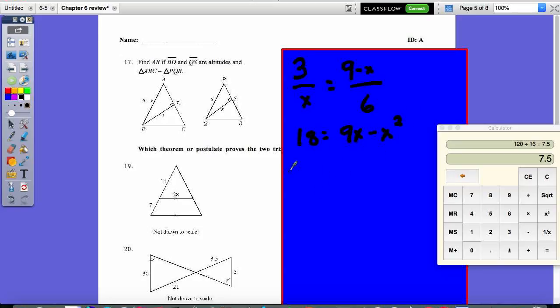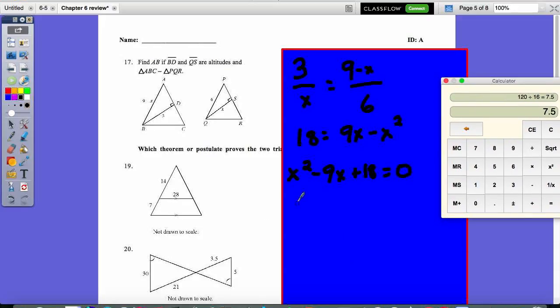I'm going to add x squared to both sides so that I can get the x squared on this side. I'm going to subtract 9x from both sides. Add 18 equals 0. I want a quadratic, with my x squared term positive. And now I can factor this.